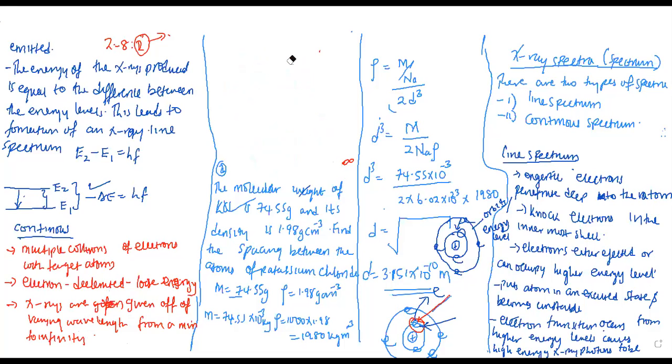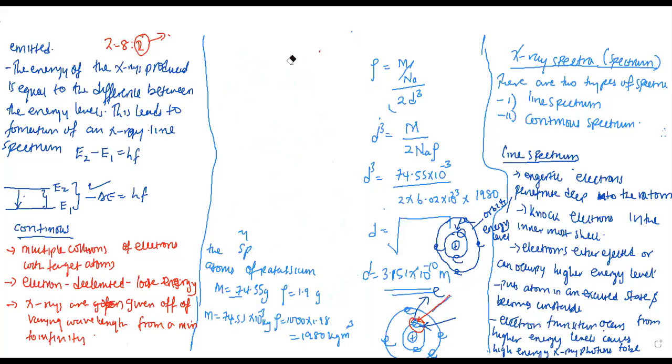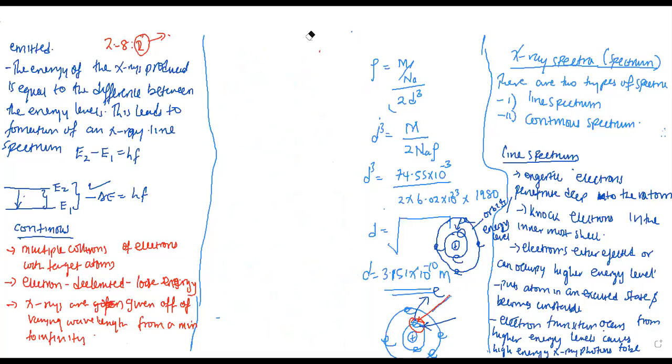So we need to know how this cutoff wavelength is produced. Minimum wavelength, sometimes we call it the cutoff wavelength.